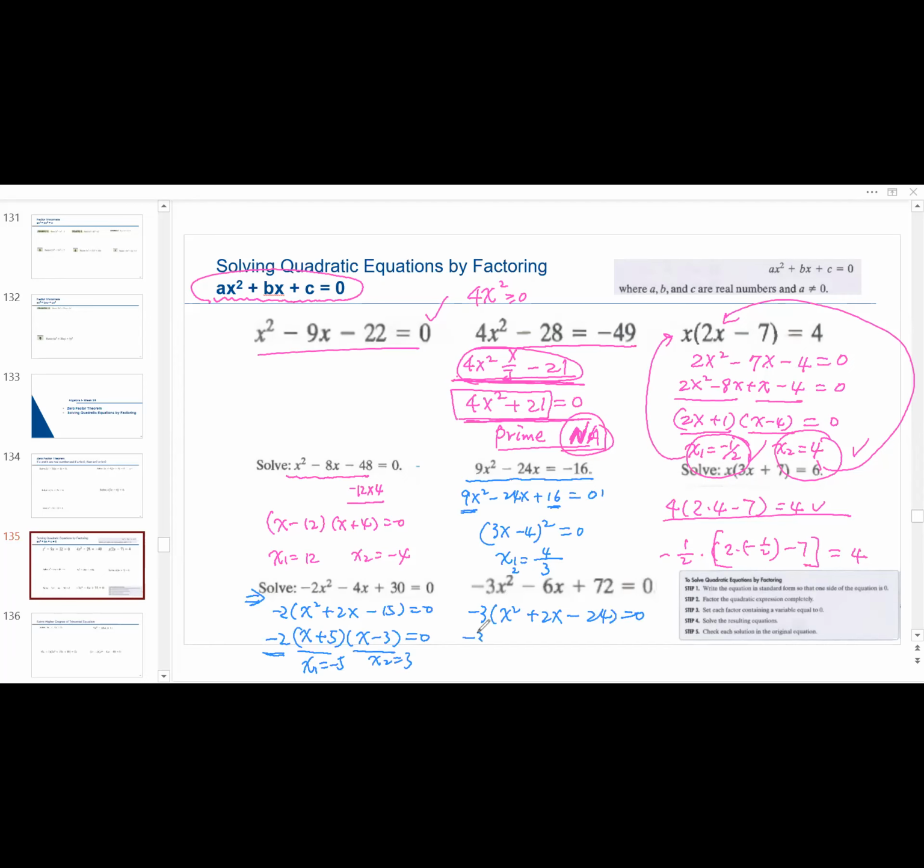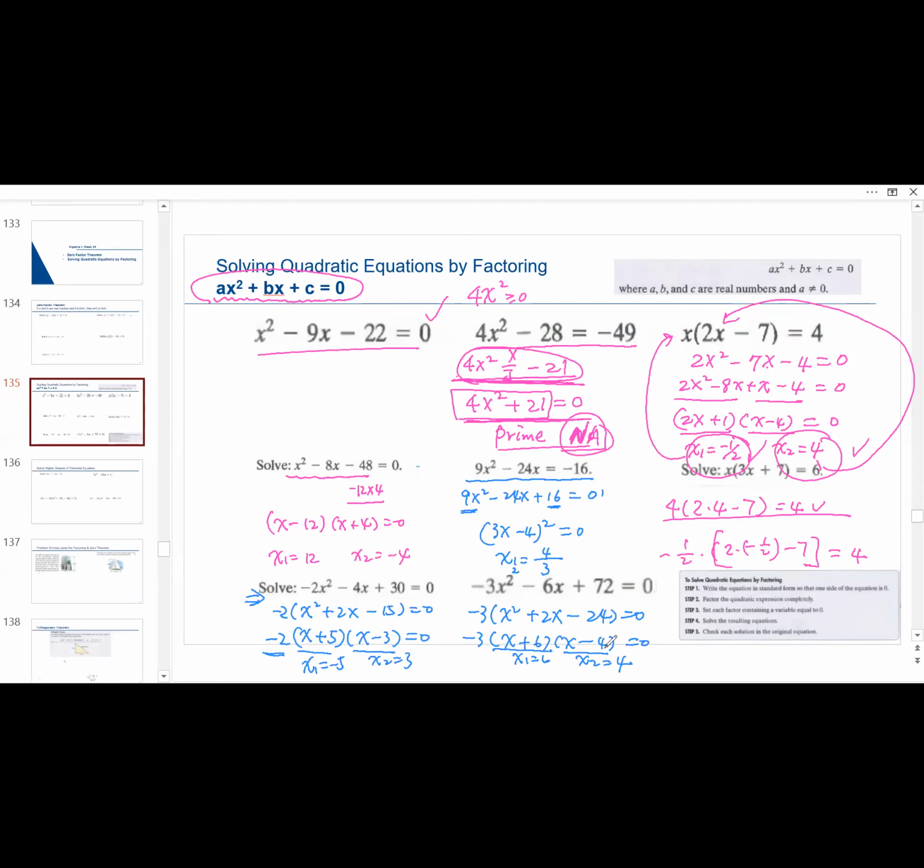All right, so factor them. This one will be factored into positive 6 and -4, right? So x1 equals 6, x2 equals 4. Super easy, right? Because you just set each of the factors to 0, so you can get the solutions.